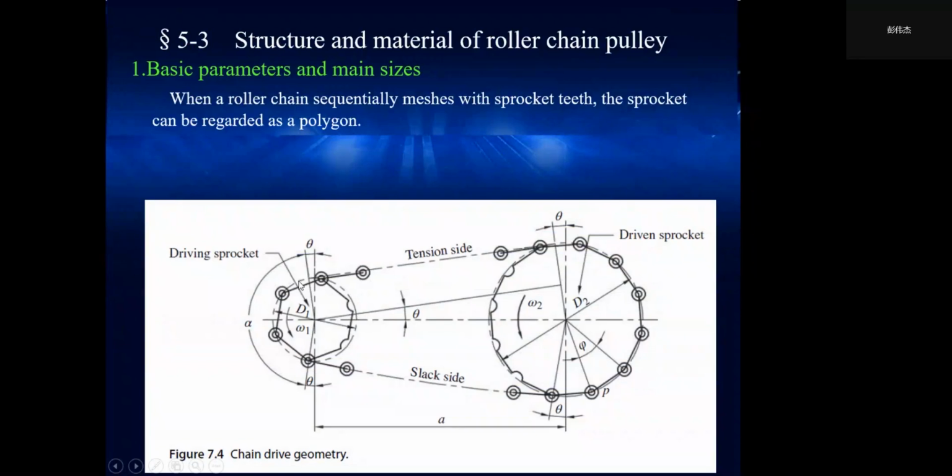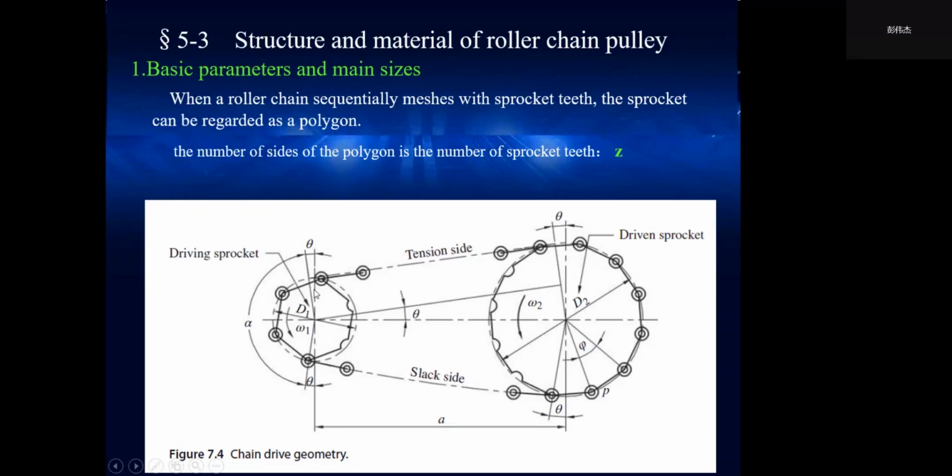The circle formed by the vertices of the polygon is the pitch circle. So this is the pitch circle of the driving sprocket, and this is the pitch circle of the driven sprocket.